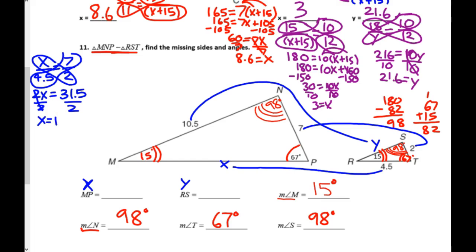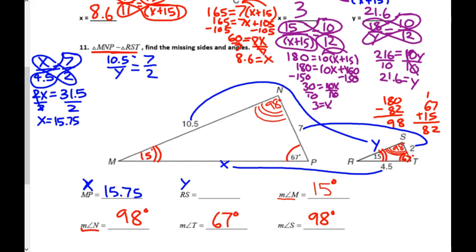I got 15.75 units. Alright. And then same thing for Y. So let's do 10.5 over Y equals, and it's going to be the same thing, the two numbers that are connected, corresponding, 7 over 2.